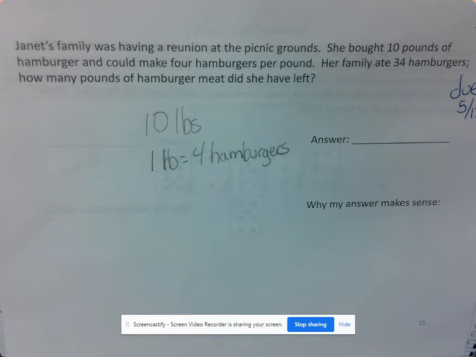We only need 34 hamburgers, so you need to see how many are left over. How many pounds would be left over? Think about how many extra hamburgers that is, and how many pounds that would be.